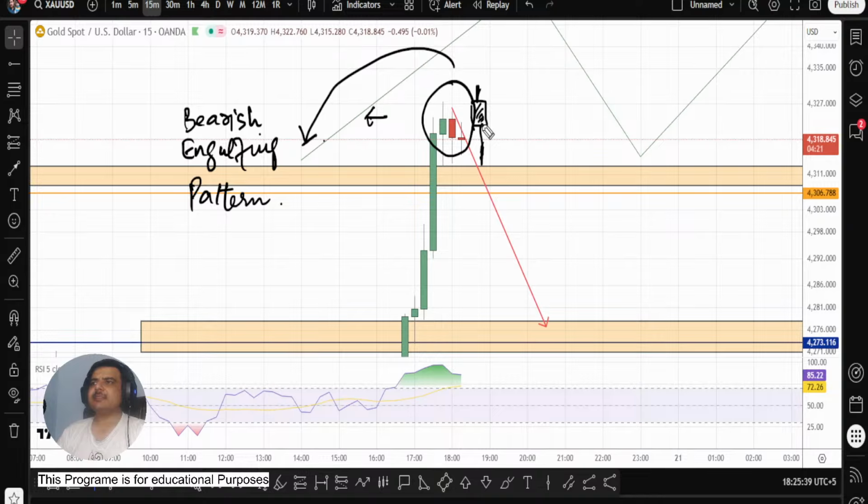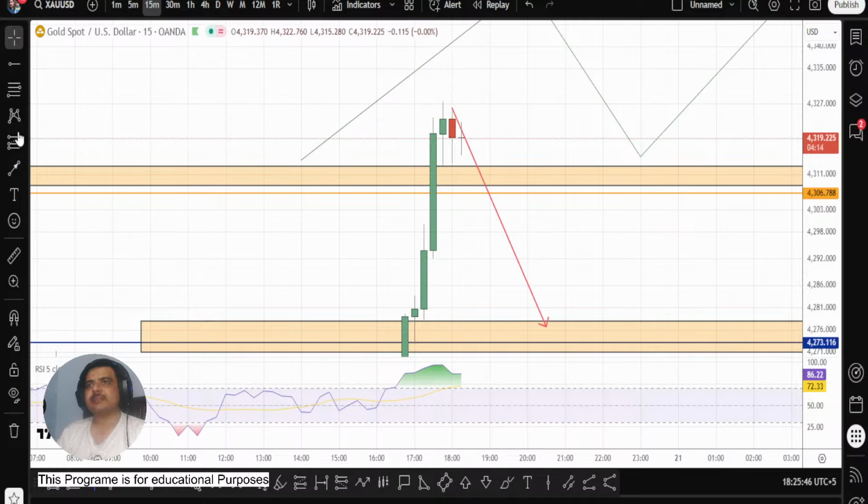Even this bigger candle can be this one as well, but since bigger volume is expected, let's see what that bigger volume brings us.